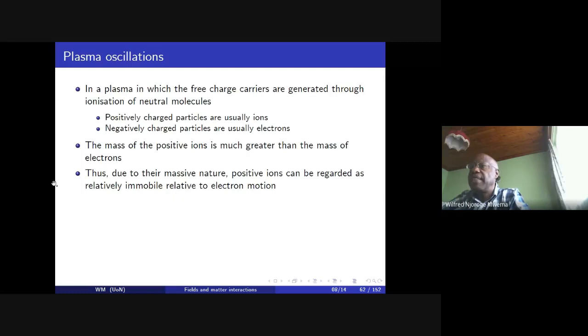Because of their massive nature, the positive ions can be regarded as relatively immobile when compared to electron motion, and therefore the plasma can be treated almost like a solid conductor such as copper, where we just have the electrons permeating the lattice of core ions that are immobile in their lattice positions, so to speak.